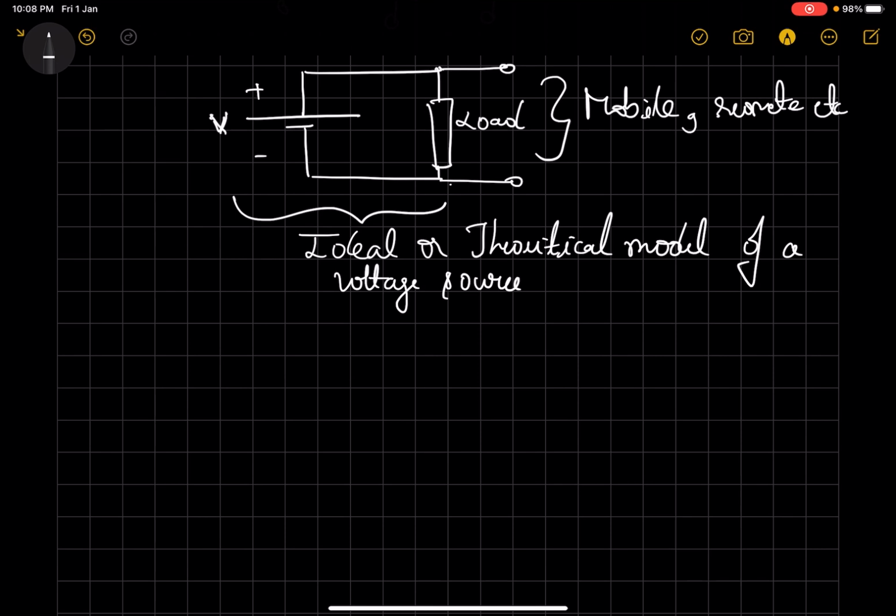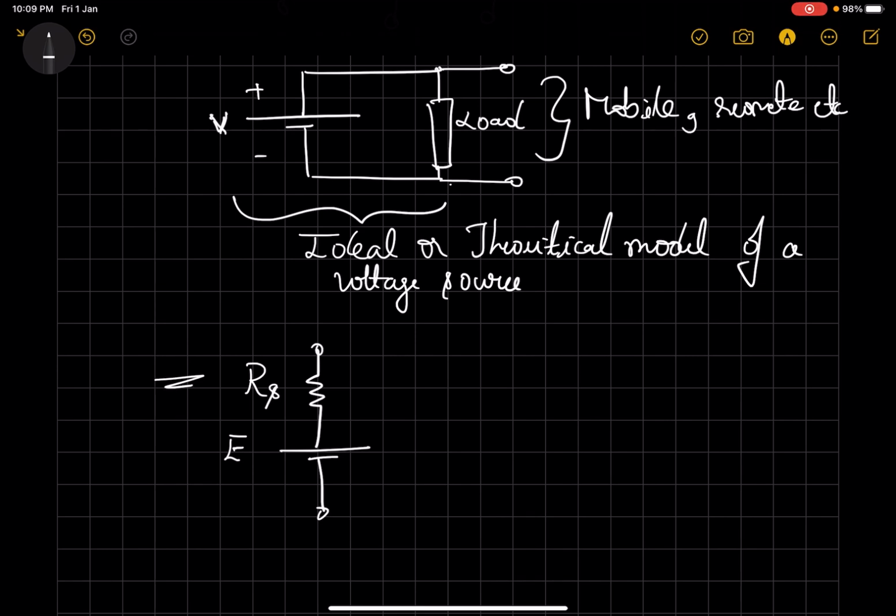The practical circuit or the practical battery is much different from the circuit that I drew previously here. So the practical battery can be represented as shown, with a voltage E and an internal resistance Rs.